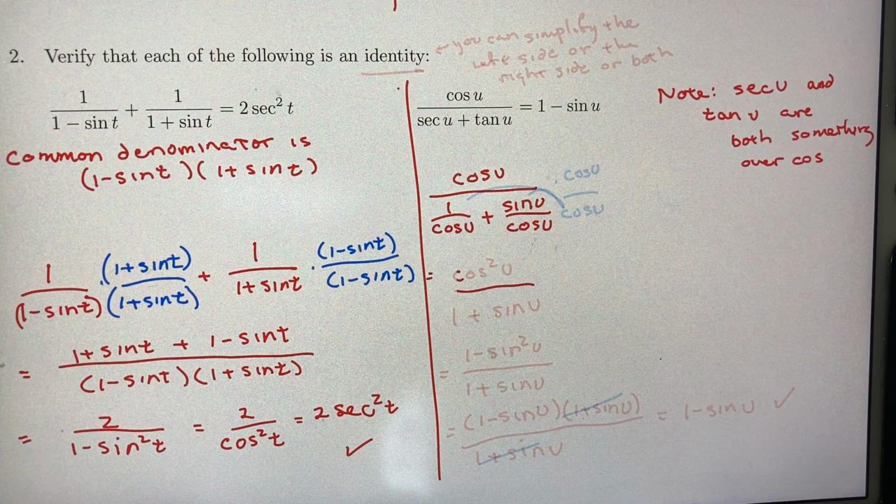And I'm just simplifying the left side, so I'm going to write down a vertical column and try and keep it on the left. I'm going to multiply the top and bottom by cosine u, and then distribute. Notice that cancels, it doesn't multiply the top. So I have cosine squared on the top because it wasn't a fraction, and then 1 plus sine u. Once again, cosine squared is 1 minus sine squared. Ooh, it's starting to look good.